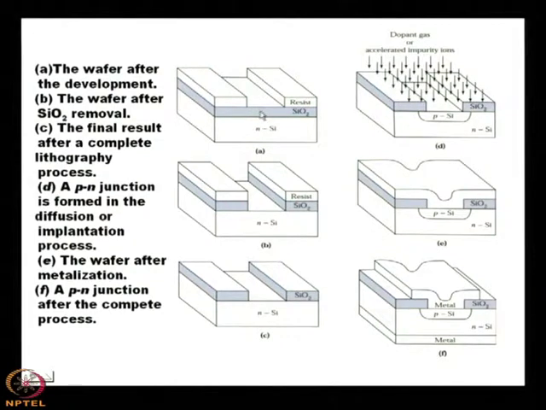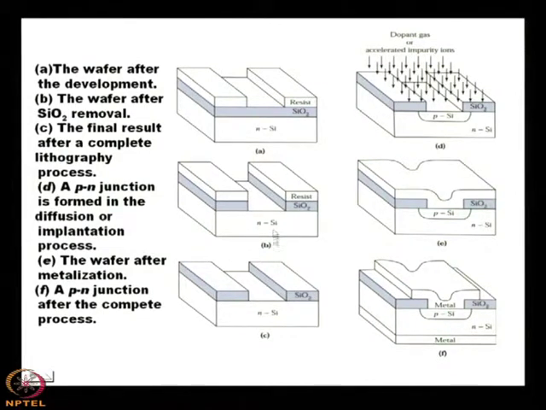So, the difference between A and B is only one: here there is no SiO2 on the mid region. Otherwise, there is no difference. Only from the mid region the SiO2 is removed.